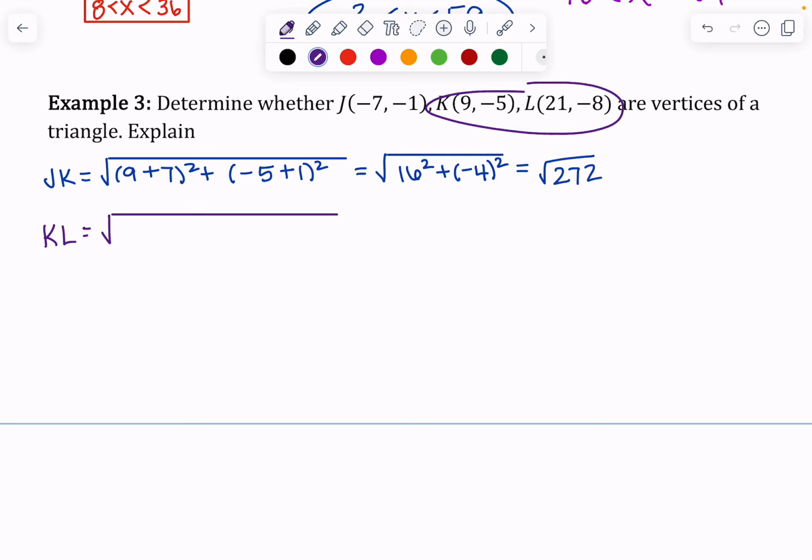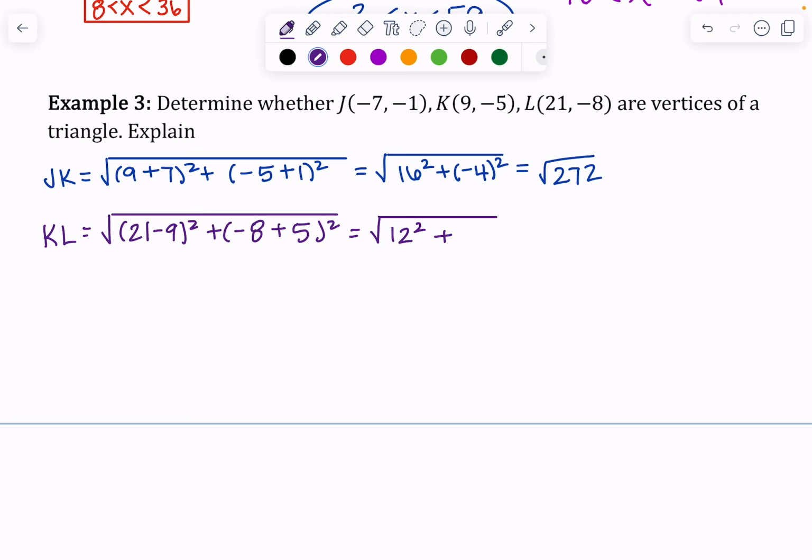If I'm looking at the length of KL, I'm going to take 21 minus 9 squared and negative 8 minus negative 5 squared under my square root. So we get 12 squared plus negative 3 squared, which is the square root of 153.